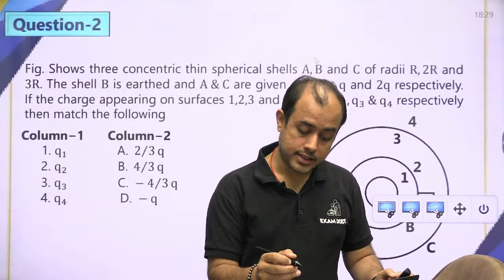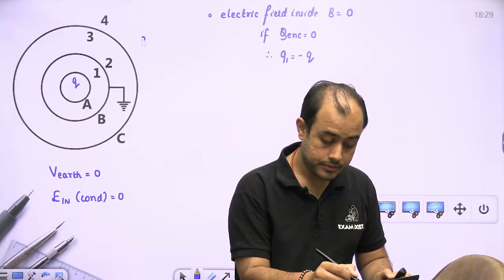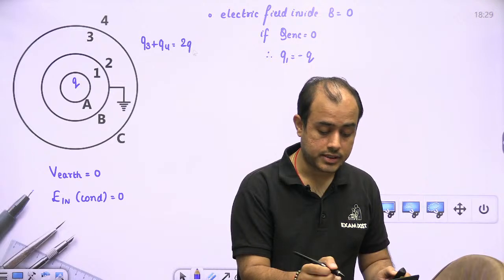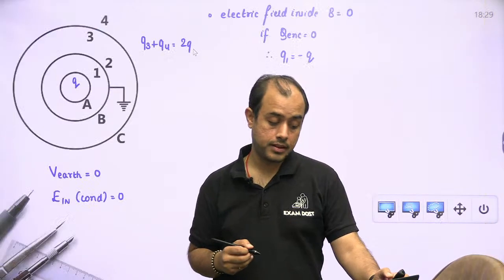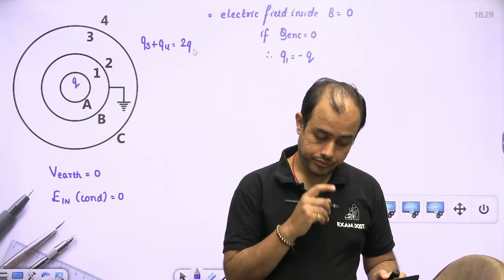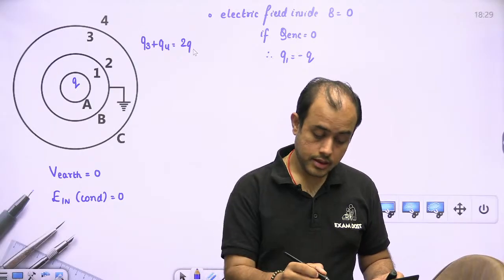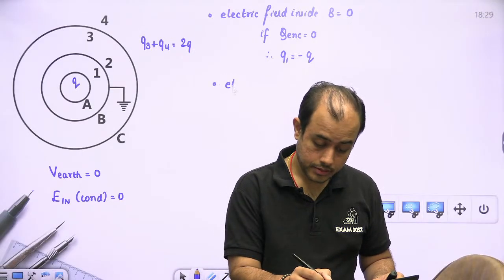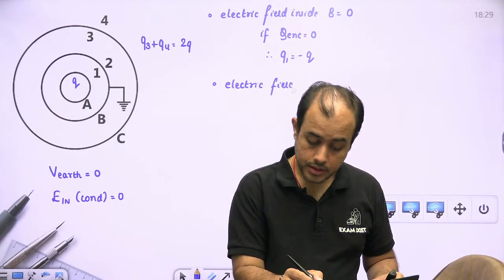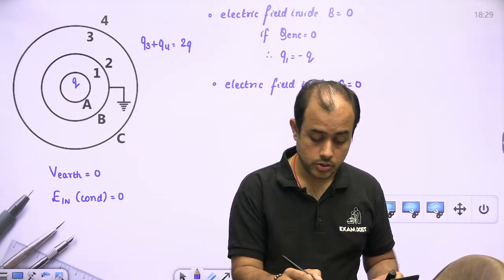Now Q3 plus Q4, because that sphere is not connected anywhere, is equal to the total charge that was given to C, that is 2Q. Now, electric field inside C is also 0.